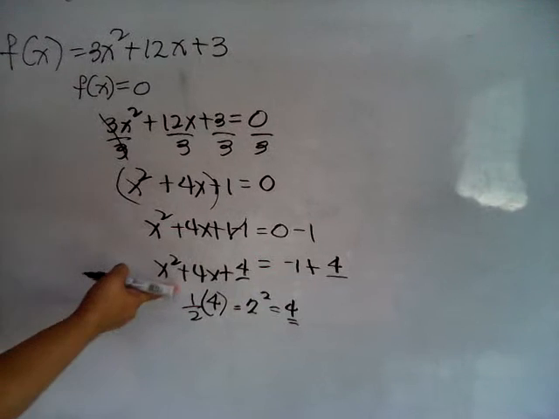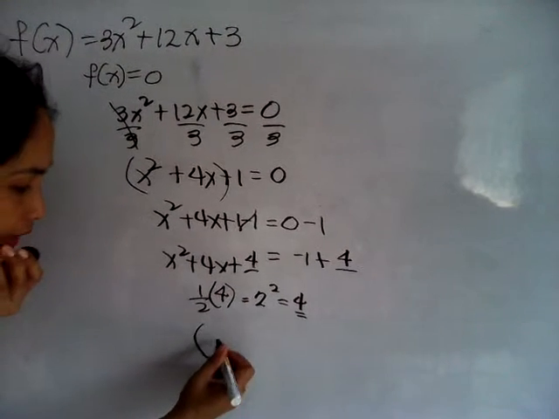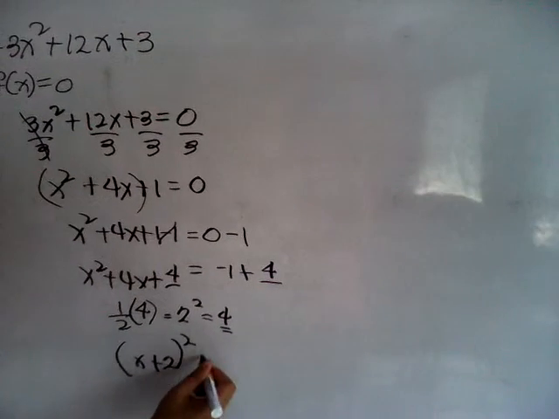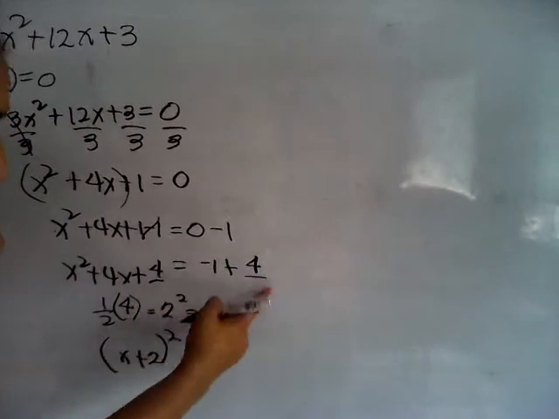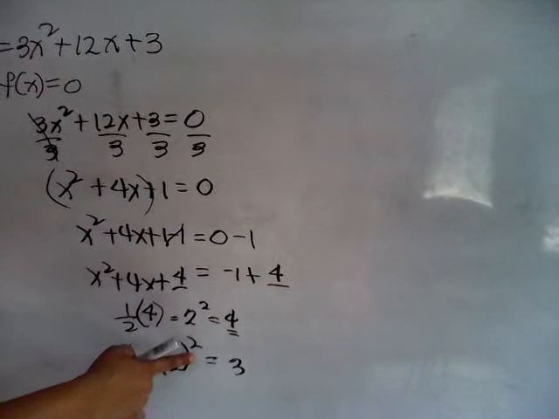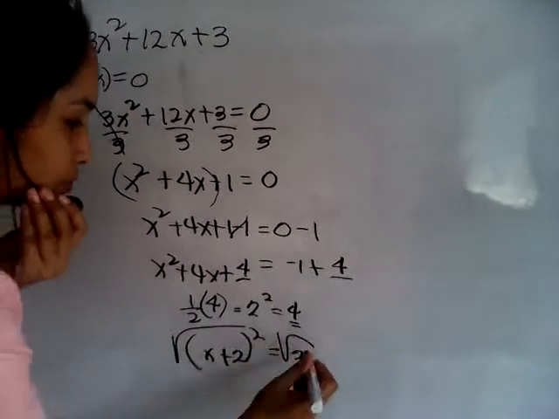Then this trinomial must be expressed as the square of a binomial. The square of the binomial of this trinomial is the quantity x plus 2 squared equals negative 1 plus 4, which is positive 3. Now, we need to eliminate the square on this side, so we have to get the square root of both sides.